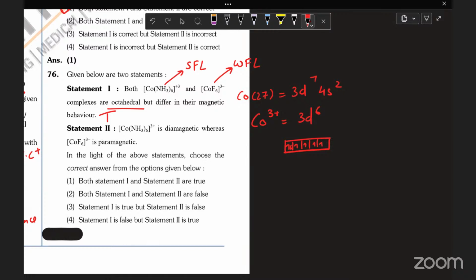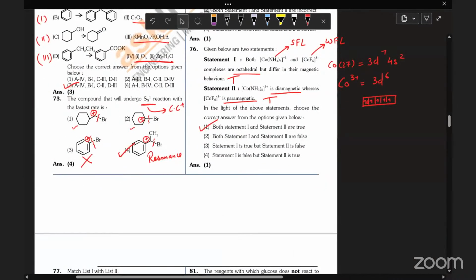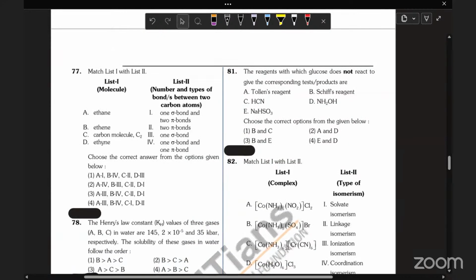Yes, this is also true. Whereas the complex with fluorine is paramagnetic. Both the statements are true, so option 1 and 2 is correct. Let's check the answer. Yes, that's the right answer. I hope you were able to solve this question in the exam. Let's move on to the next question.